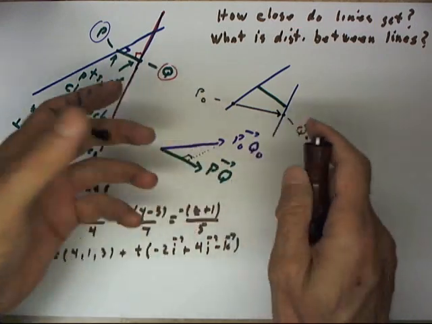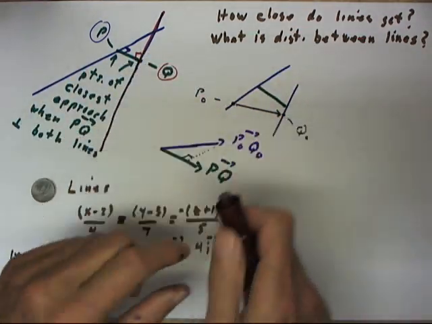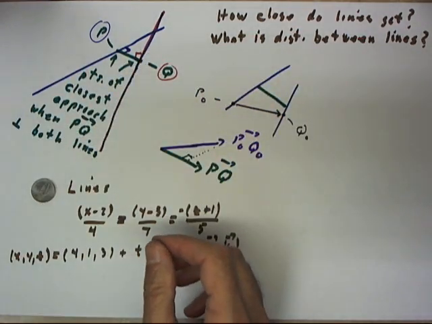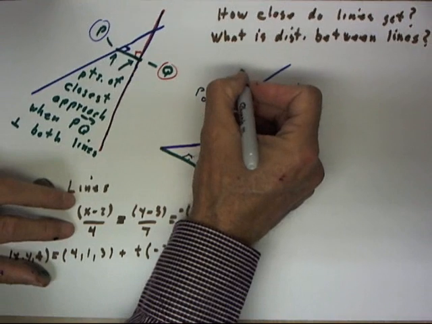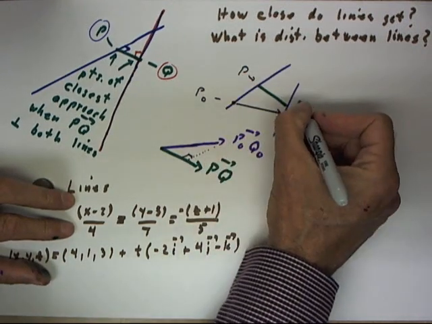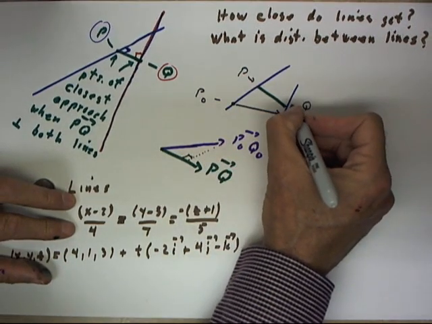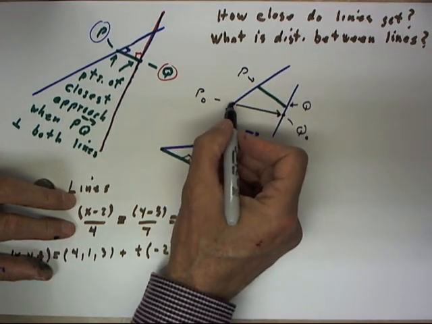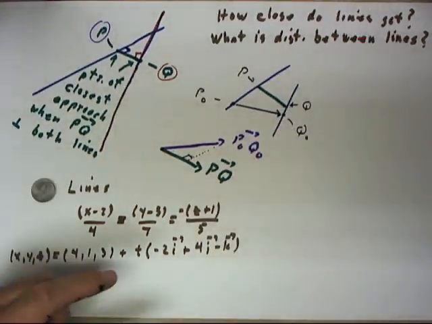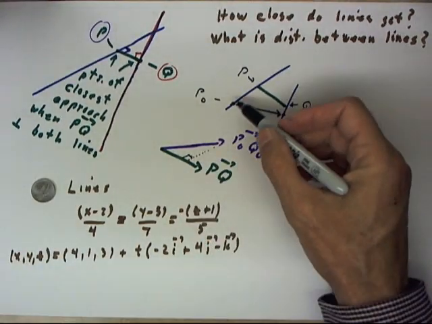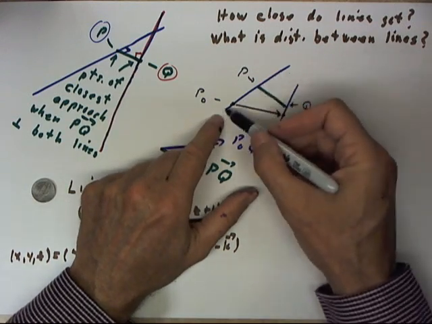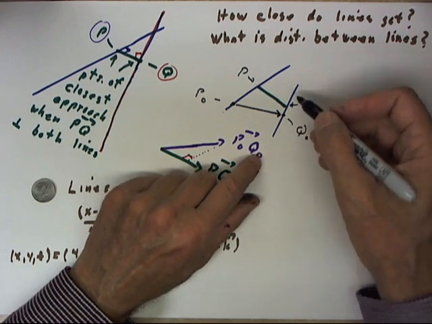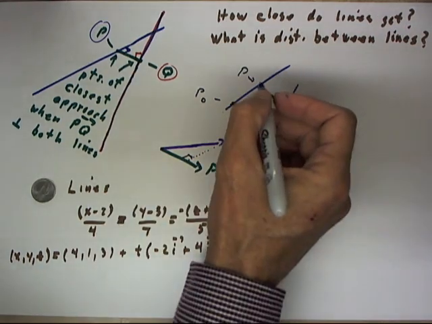Okay, well, let's say that we bring this out and rotate it so that everything is a little bit more in a plane. And we have our point P here, our point Q here. And P naught and Q naught represent any points at all on these two lines, with the only restriction being P naught lies on one line, Q naught lies on another line.